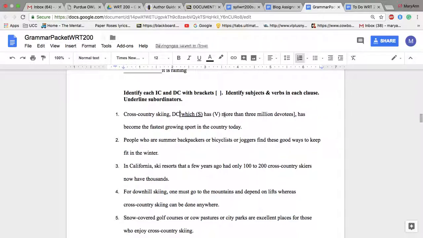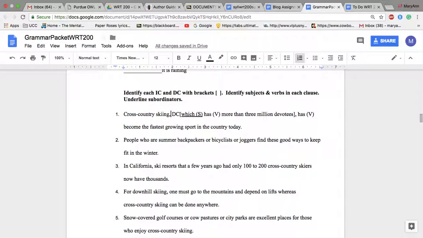Now we're going to keep looking for another verb in this sentence because a dependent clause cannot stand on its own as a complete sentence. It would be a fragment. So there must be an independent clause as part of this sentence. We come across our next verb. It's the same verb, has. So we're going to mark that as a verb. And to the left of that, before our dependent clause, is our noun or subject for the IC, cross-country skiing.